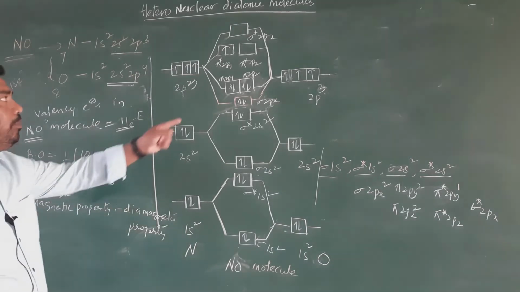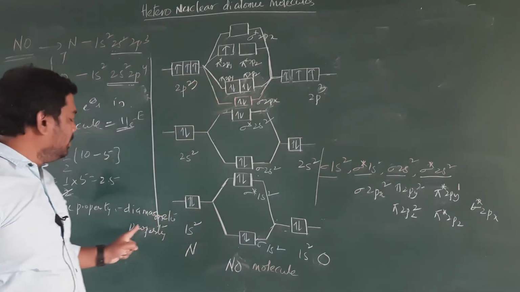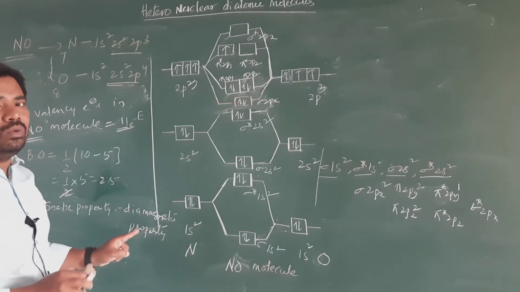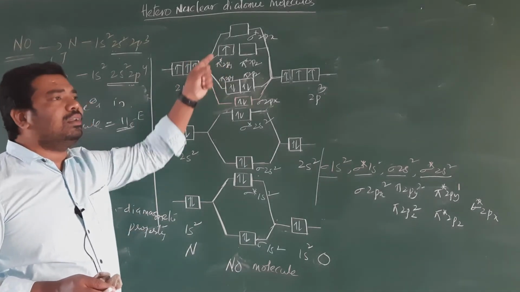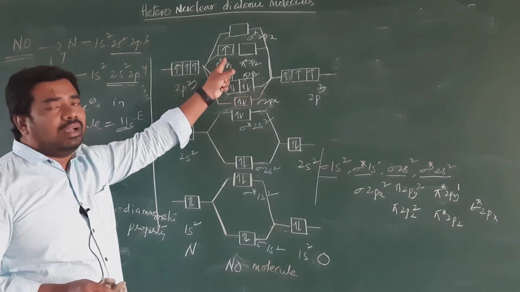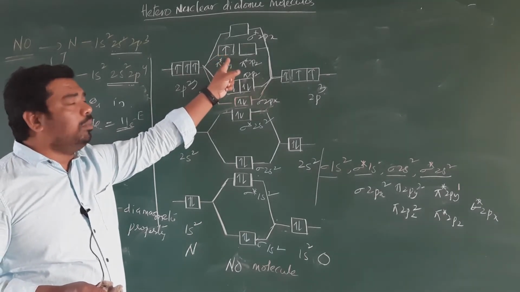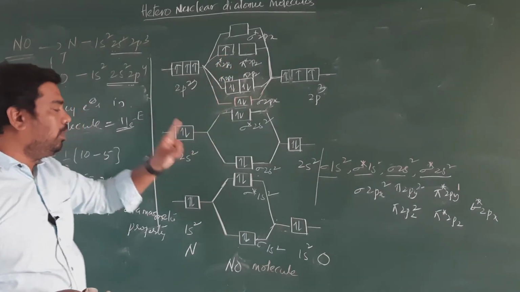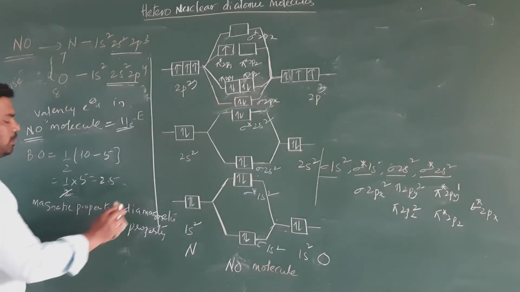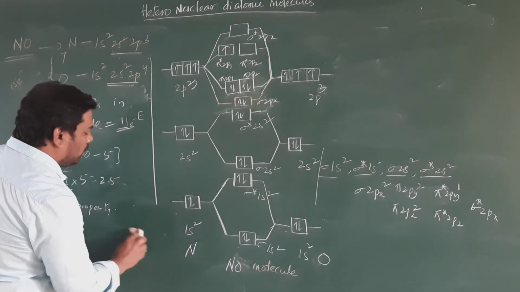Here you can see the magnetic property changes compared to NO plus. Look at the highest occupied molecular orbital, which is pi star 2py. One unpaired electron is present in the anti-bonding molecular orbital.